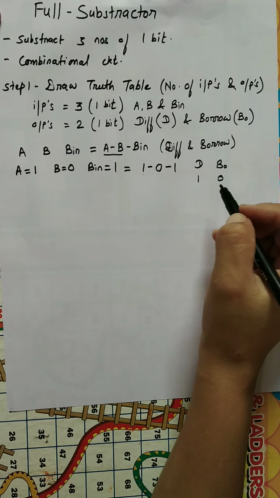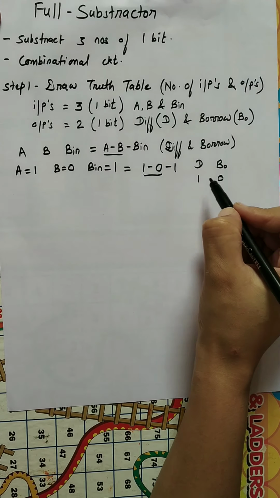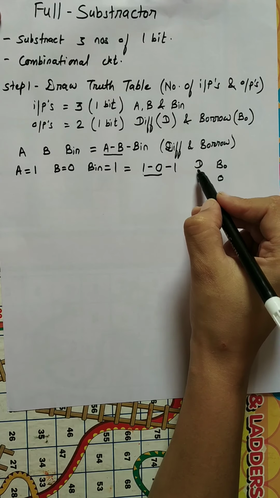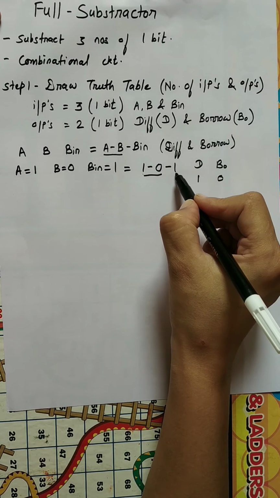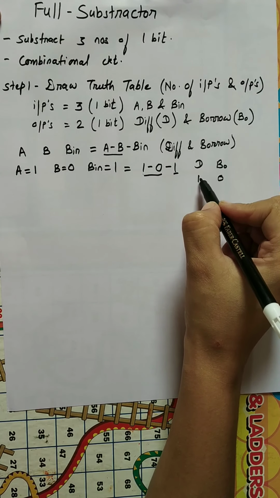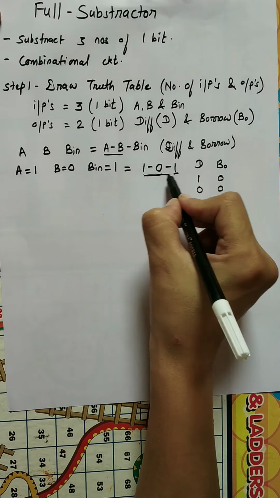Now from this difference 1, I have to subtract B in. 1 minus 1 is 0 and borrow remains the same. So the output is difference 0 and borrow 1. That is the way we have to perform the operation.